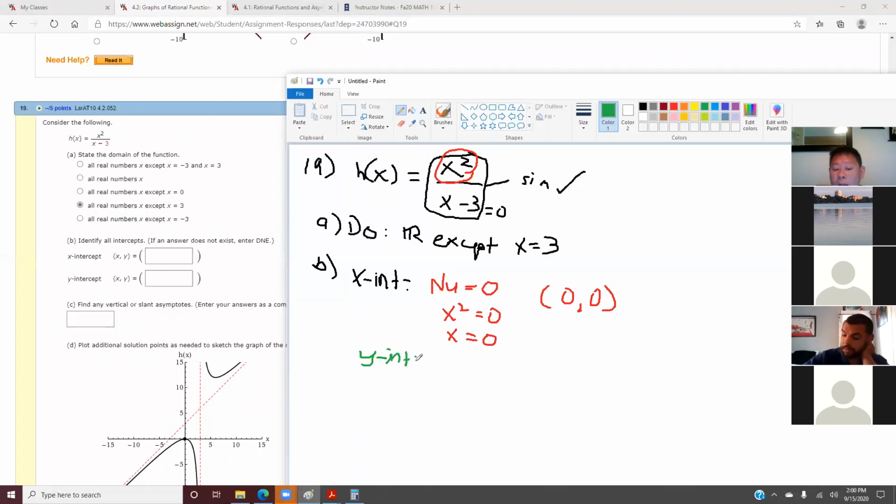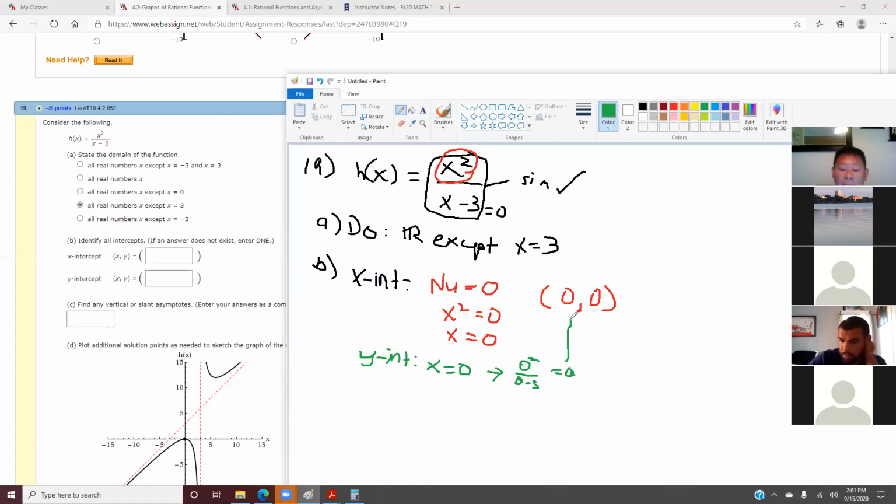How do you find your y-intercept? In order to find the y-intercept, you set all your x to 0. So in this case, you get 0 squared over 0 minus 3, which still comes out to be 0.